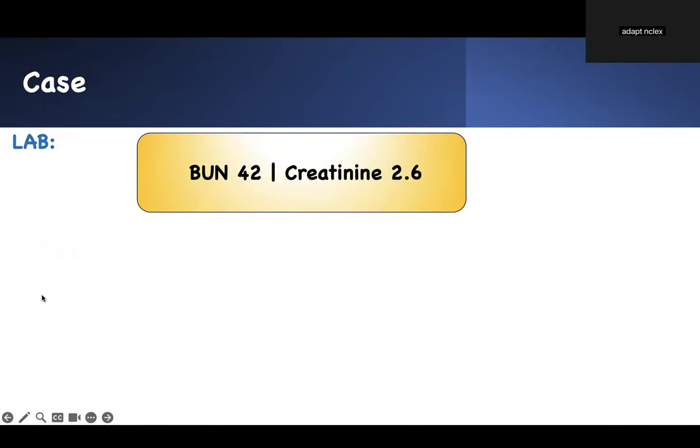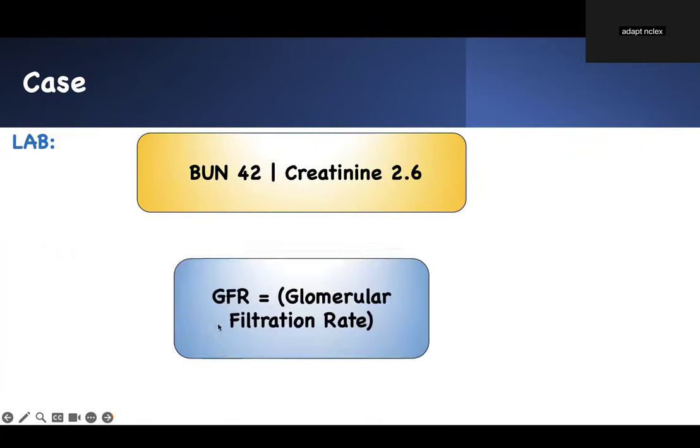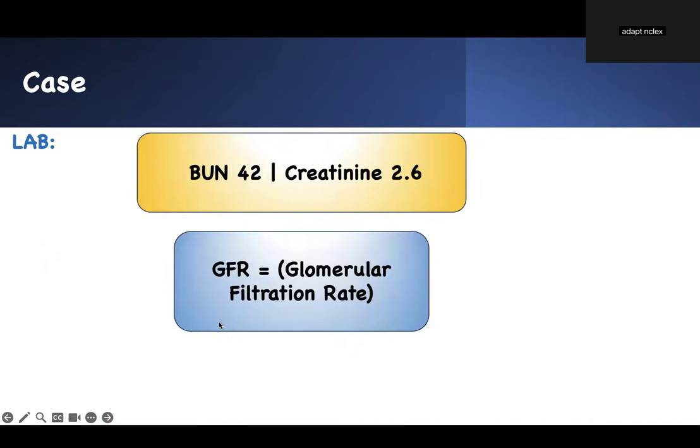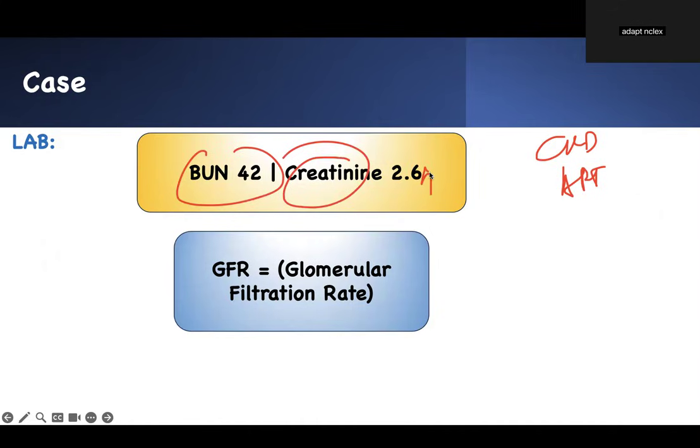The other thing they will give you is GFR. Most students get confused about glomerular filtration rate. Pay attention. I want you to stop the video and write this down. When you see this lab information, don't freak out. When you have chronic kidney disease or acute renal failure, your creatinine and your BUN both go up, but your GFR decreases.